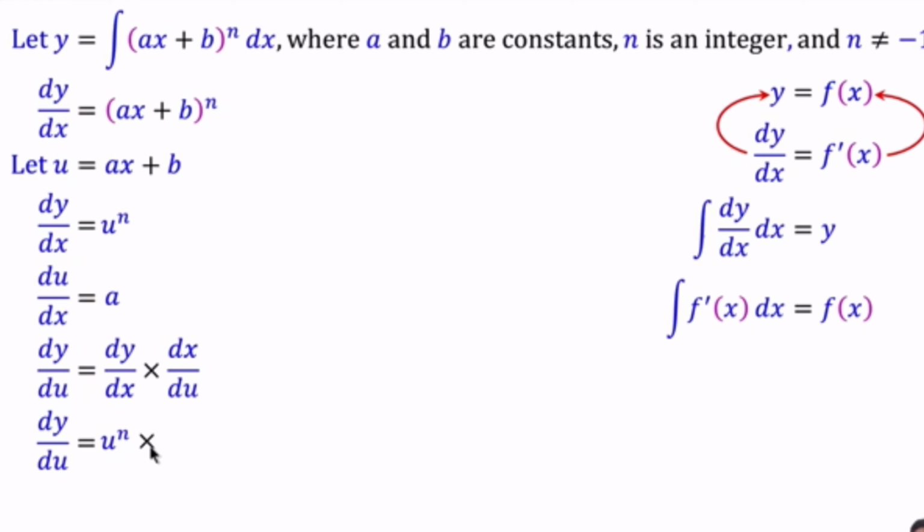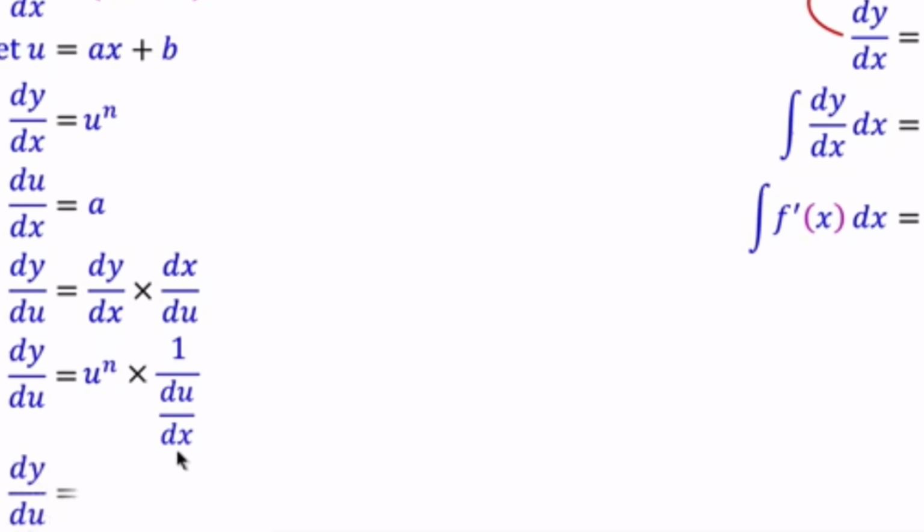So now we want to substitute dy/dx is u to the power of n, and dx/du is not a, it is 1 over a, because we have du/dx. Now we want dx/du, which is the inverse, so we have to invert a to become 1 over a. So that means dy/du is u to the power of n over a.